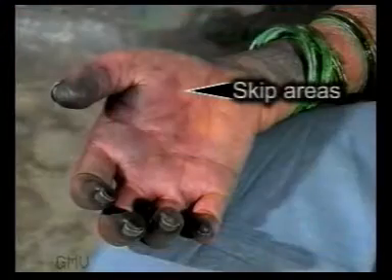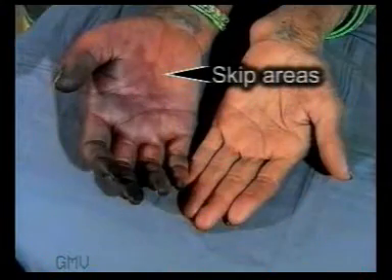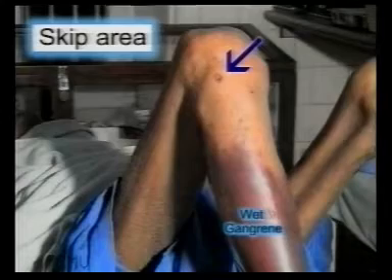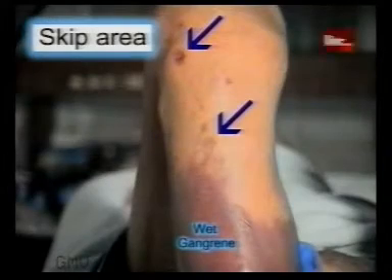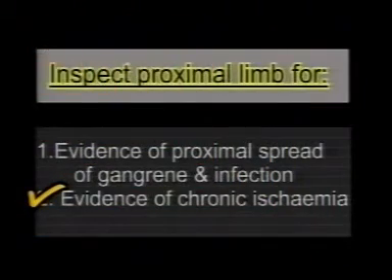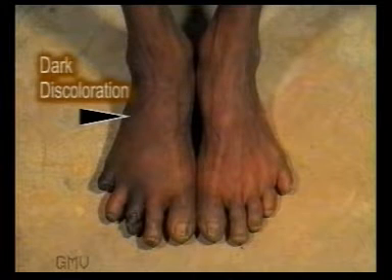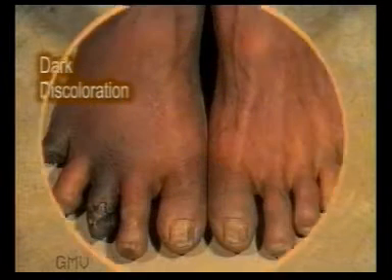Note the black colored skip areas in the palm suggesting proximal spread of the gangrene. Skip areas are areas of blackening in the proximal limb independent from the gangrene. Next, we look for signs of chronic ischemia. Observe the skin color of the ischemic limb and compare it with the opposite normal side.